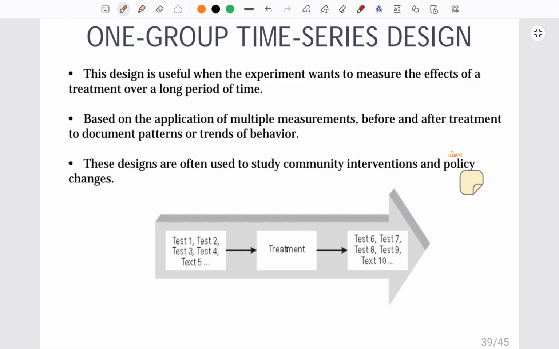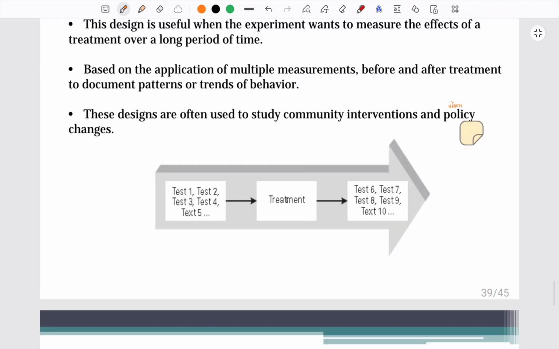This is the one group time series. It means you measure several times before you give the treatment, and after the treatment you measure several times to see whether the treatment actually has an effect. Then you can issue the policy for the whole population later on.